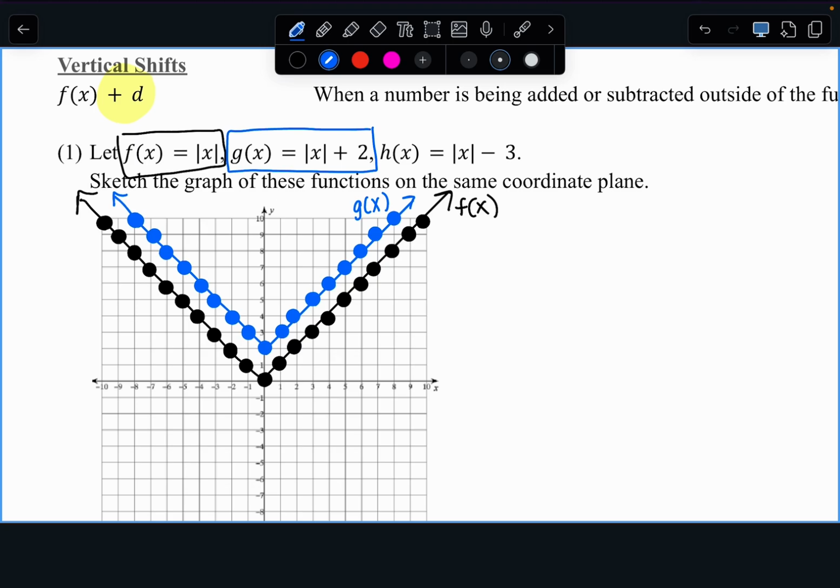What do you think this h of x is going to be? So if g of x was up 2, down. Exactly. H of x moves down 3. So we take every point from the black one and move it down 3.